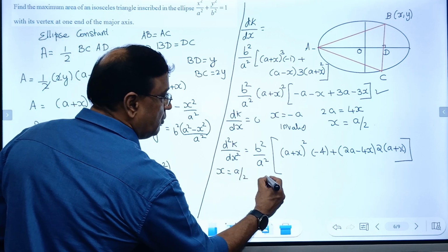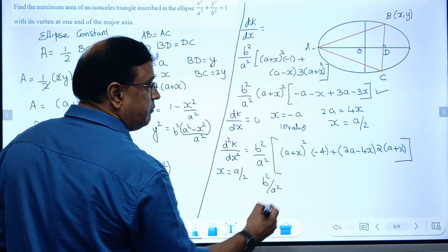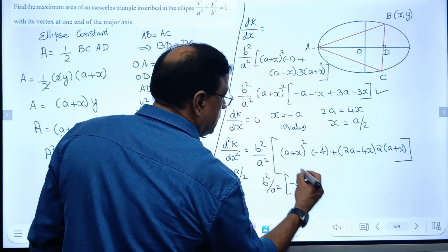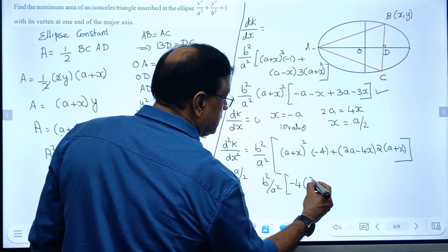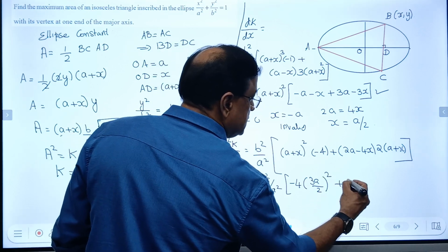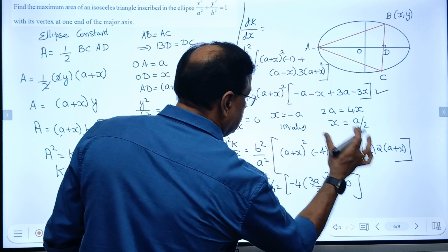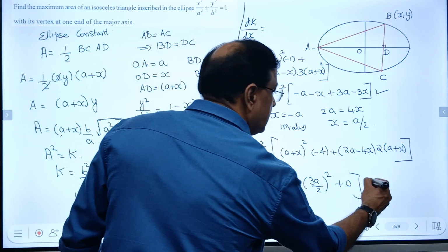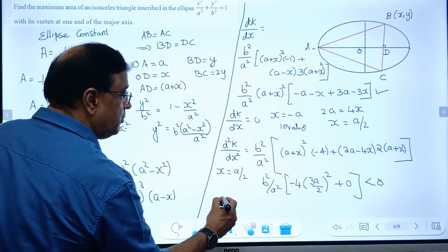Okay. Now substitute x is equal to a by 2. When I do that, what do I get? This will be minus 4 into, if I put x as a by 2, you get 3a by 2 the whole square plus 0. This entire thing will become 0. And obviously this is negative. If it is negative, what do you say about k?